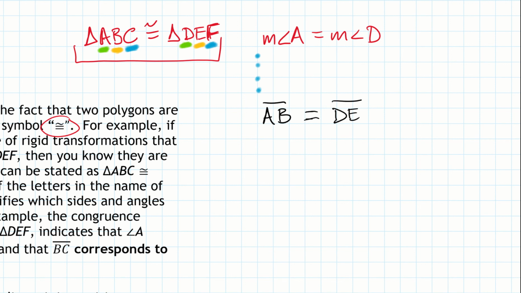You can see I'm just taking the first and the second. Also, the length of BC is going to be equal in length to EF. And the final one is AC, the first and the last position, and AC is going to go with DF.